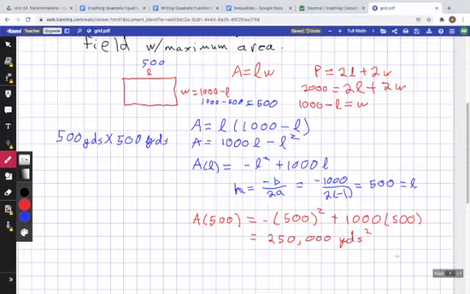So if we build a fence that is 500 by 500 yards wide, then we will have 250,000 square yards of space inside of it. You could have also multiplied these together. 500 times 500 gives us this.